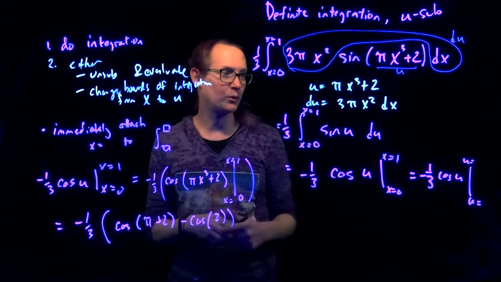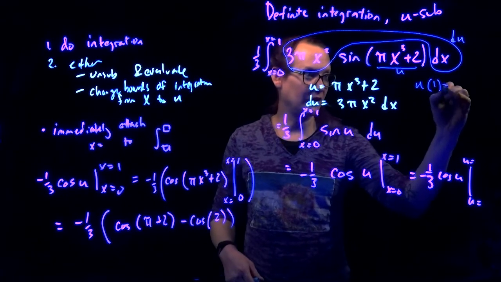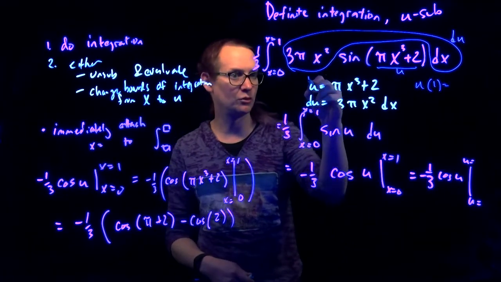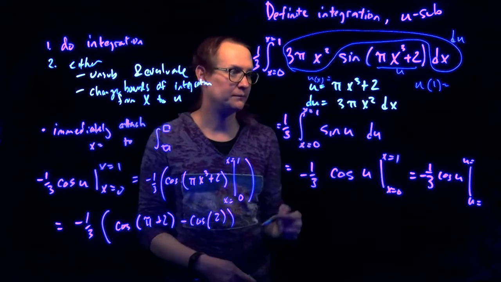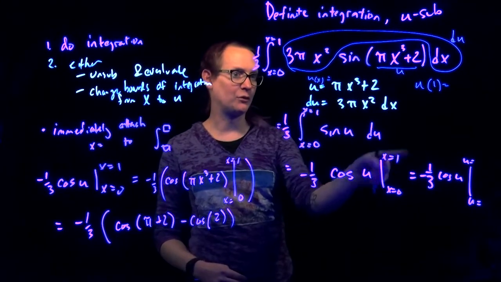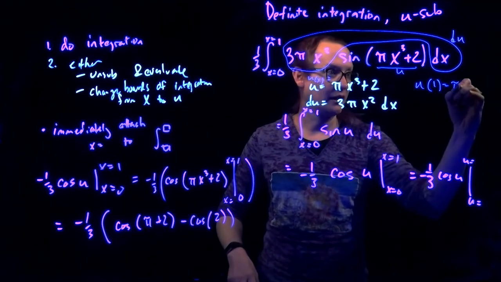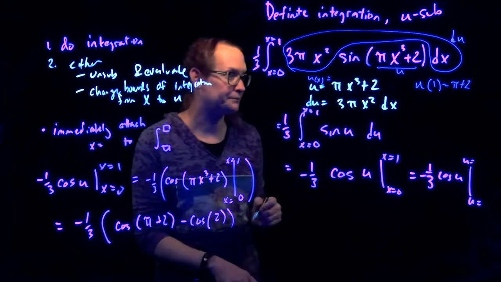When x equals 1, we need to figure out what u of 1 is equal to. So here's u of x, right? So we need to pass this bound through this function to figure out what u of 1 is equal to. That's pi plus 2.